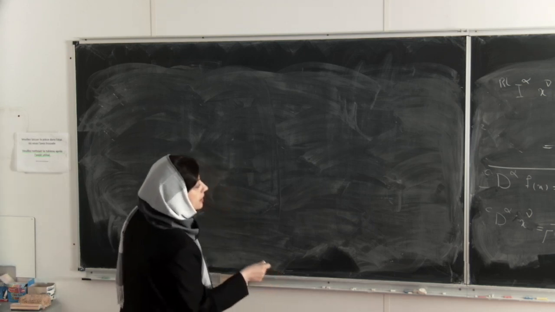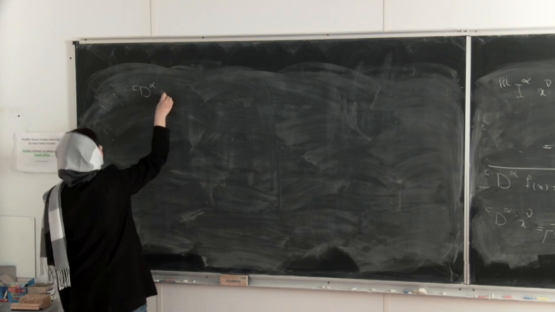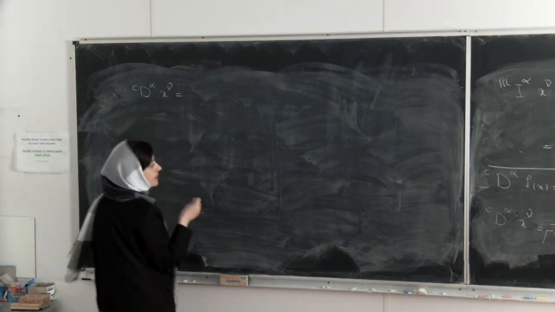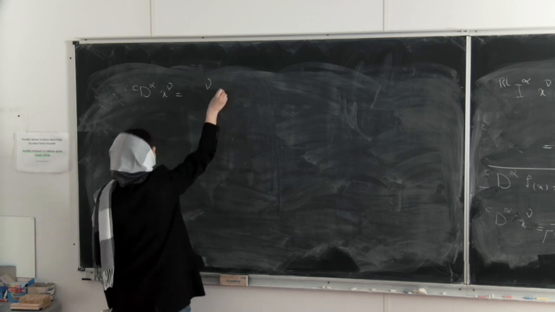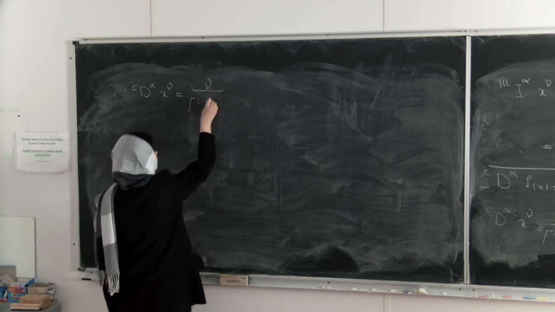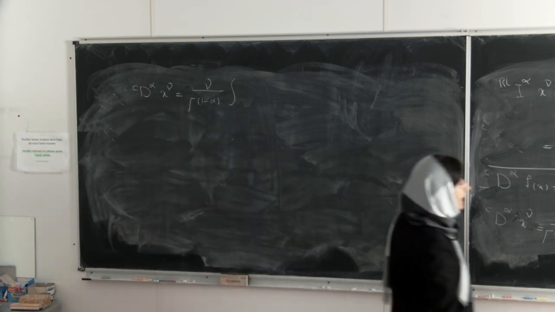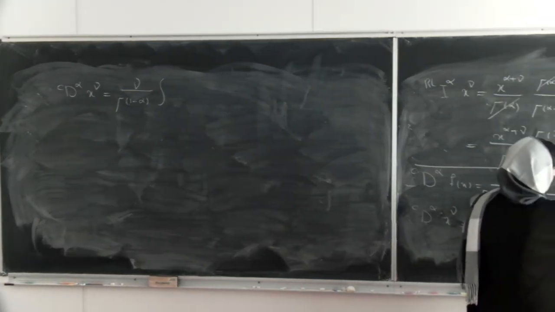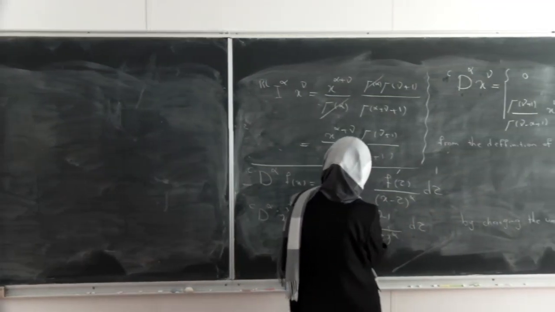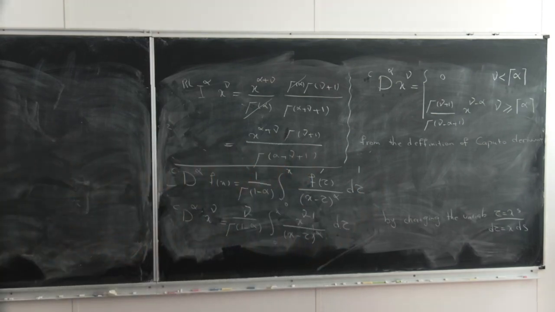the kappa 2 derivative equals nu divided by gamma of 1 minus alpha, integral. When tau is 0, s is 0, and when tau is x, s is 1.